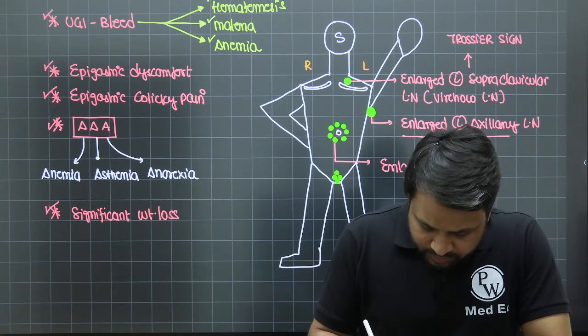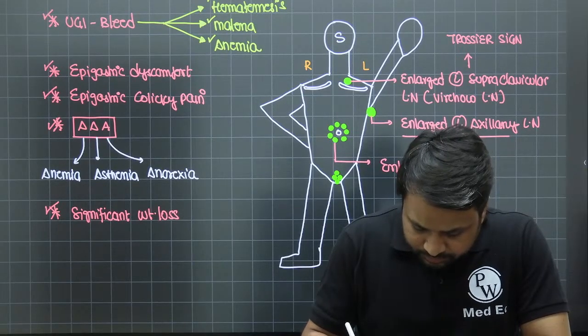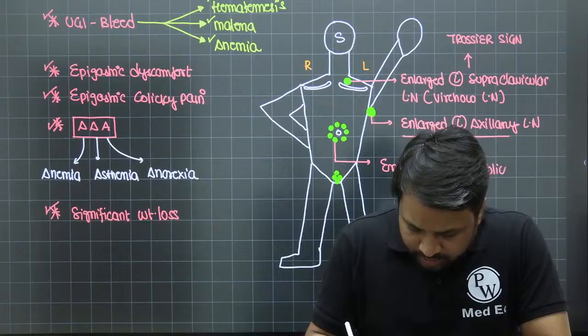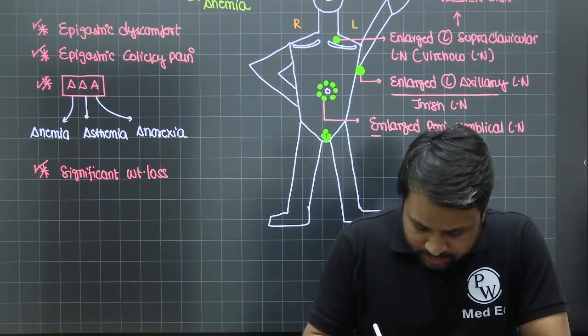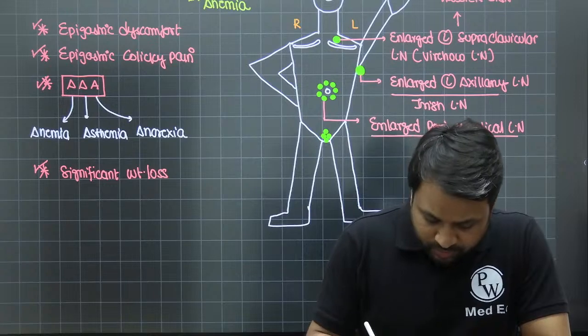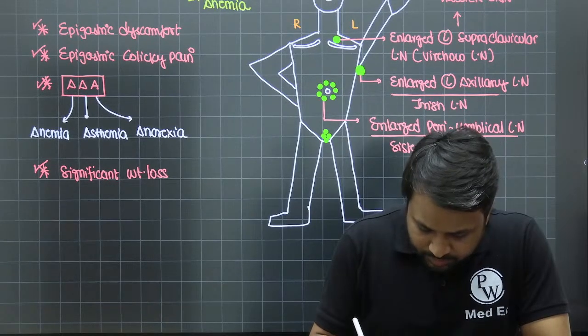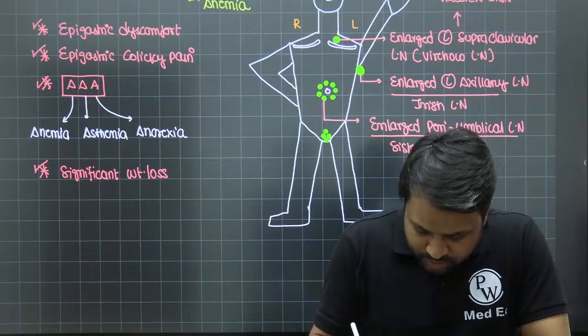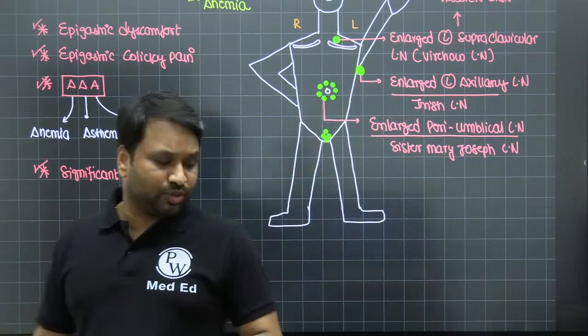Then you have the enlarged periumbilical group of lymph nodes. This enlarged periumbilical group of lymph nodes is what we call the Sister Mary Joseph group of lymph nodes.